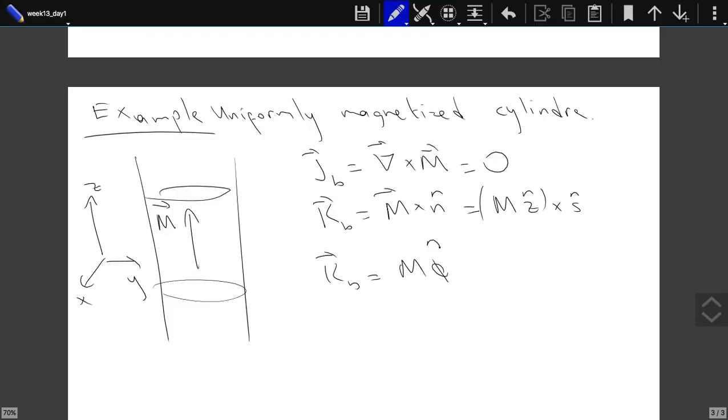Now, in this uniformly magnetized system, this is effectively a system with a uniform circular current running through it. So just like the solenoid, we will have some B field inside, no B field outside. The B field inside will be vertical and uniform, etc.